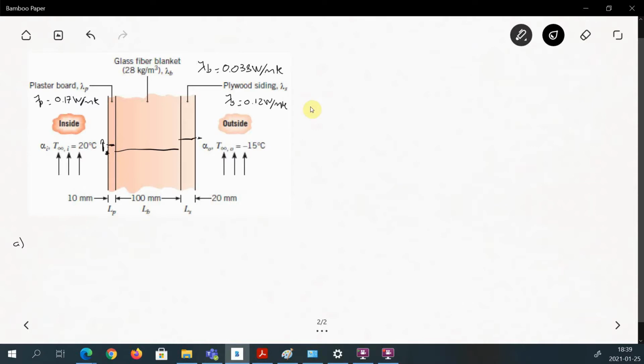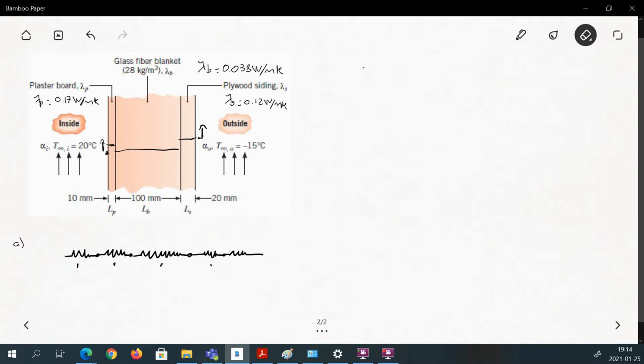So practically we have the first resistance, which we can depict here. Then we have the second resistance, then the third resistance, which we can depict very large, the fourth resistance, and finally our last resistance.